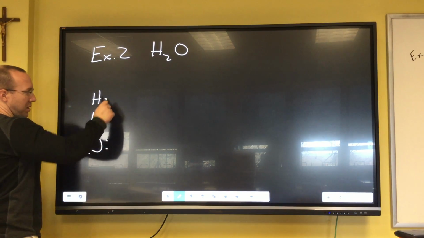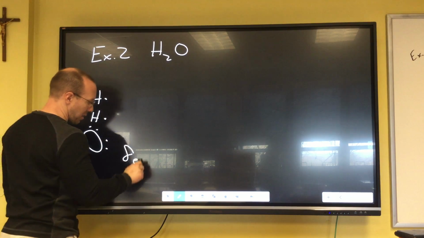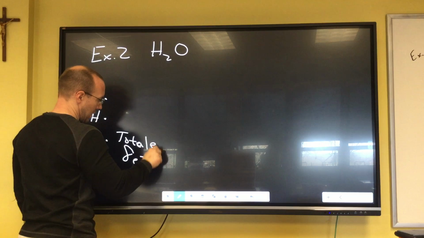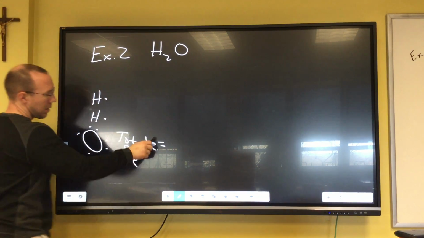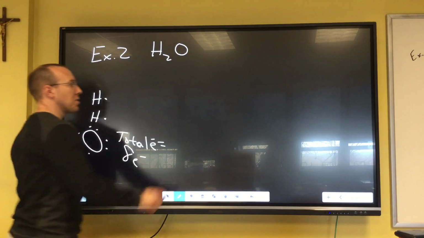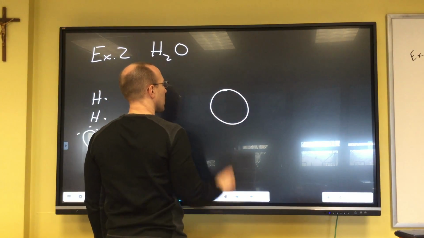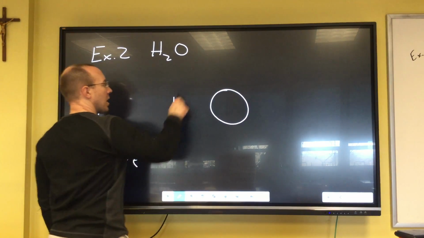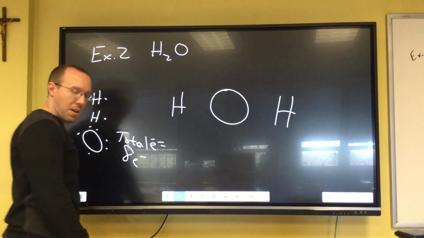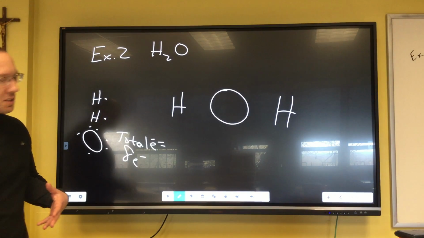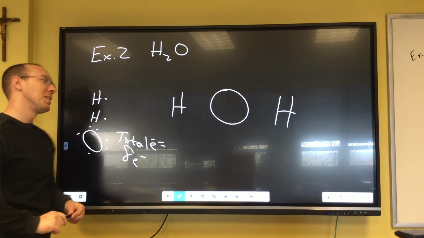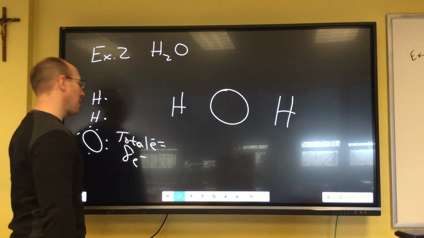So 6 plus 7, 8, that's 8 total electrons. So let's put our oxygen in the middle, and let's put our hydrogens on the outside. Have the symmetrical look. If it's your instinct to maybe put one up top and one on the bottom, okay. Typically when we see it right now, it looks like this.